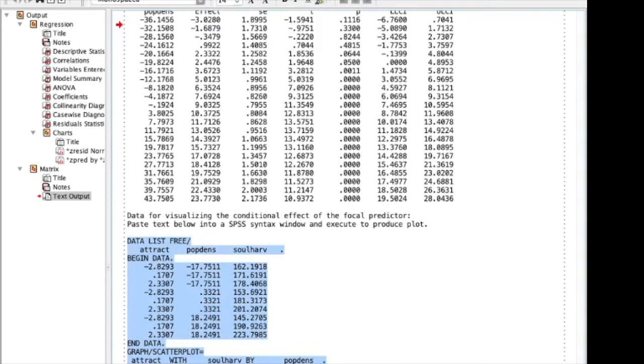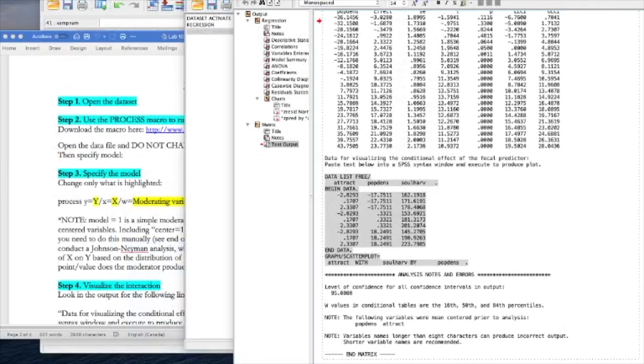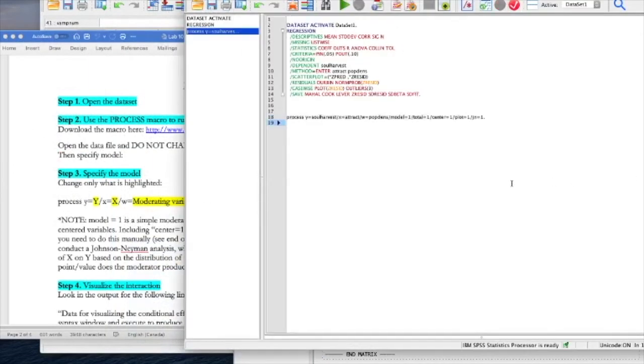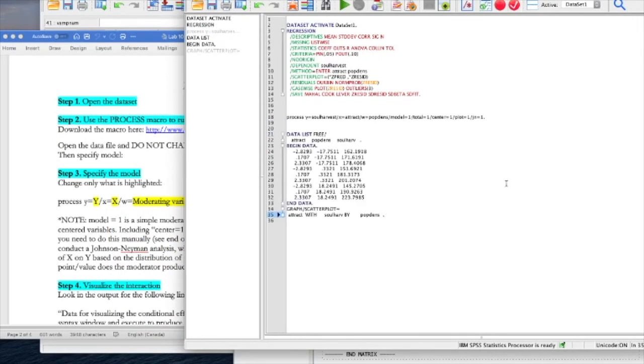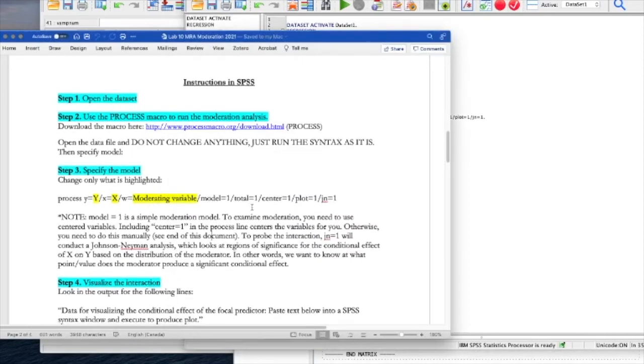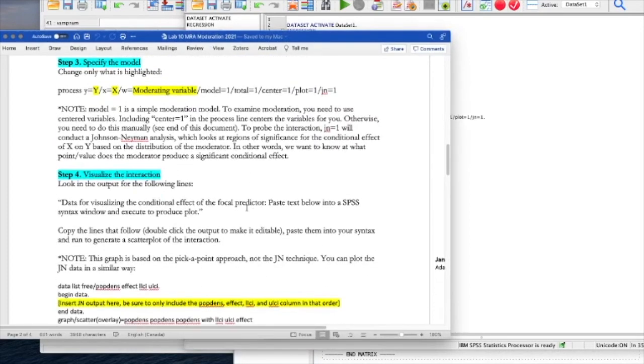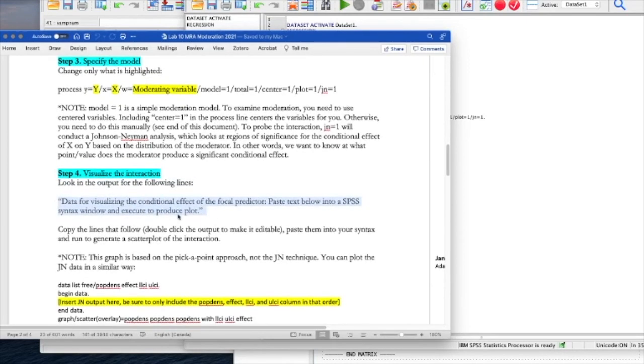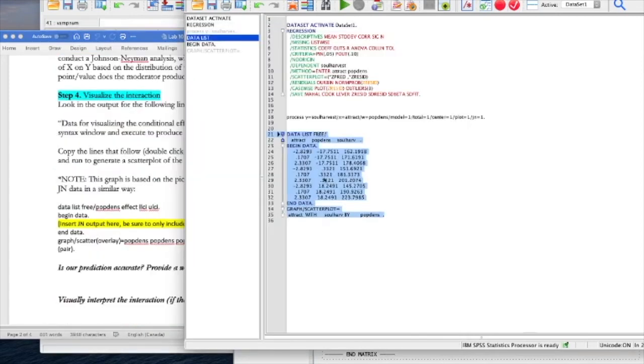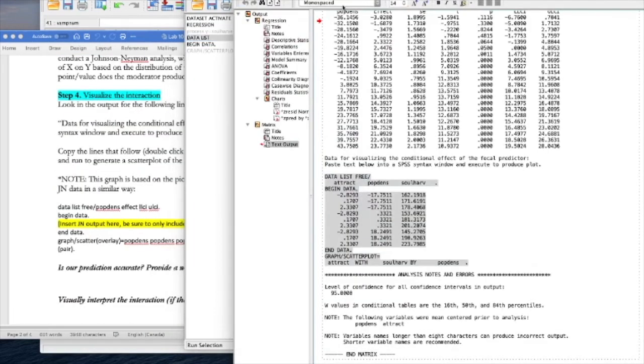I'm going to copy this and directly paste it into here. I don't need to do anything else. It gives me the syntax needed. If you go over here in the data in the document, you can see it's telling us what the lines are here. So I'm going to just run this.